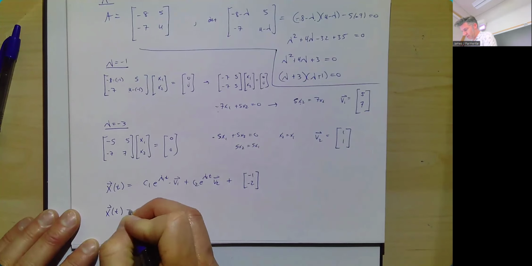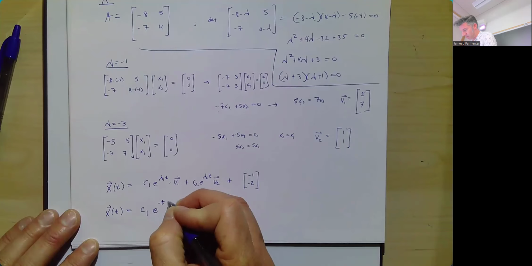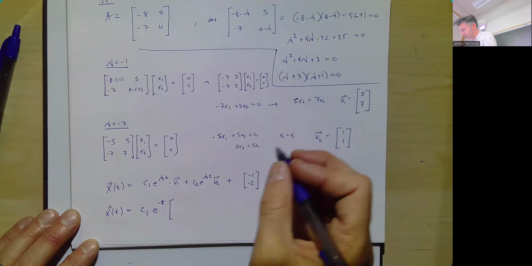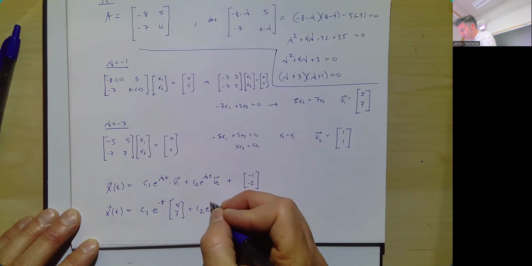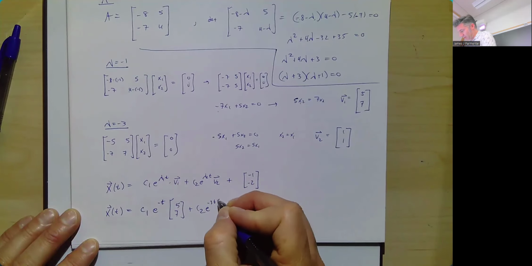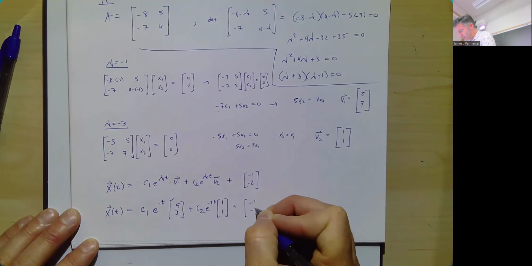X of t is equal to C1 e to the -1 times t times v1, which was 5, 7, plus C2 e to the -3t times v2, which is 1, 1, plus -1, -2.